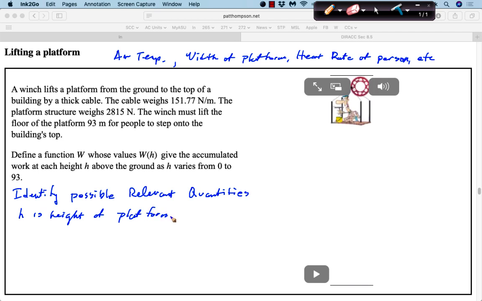Of those that you shouted out, what's another one that for sure is going to be important? Okay, except that we don't know that, so I guess we can include that in the weight of the structure.